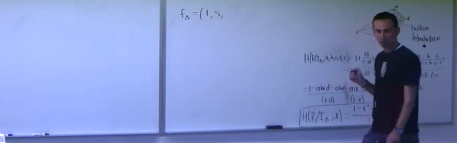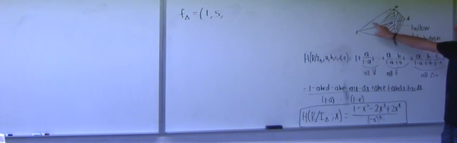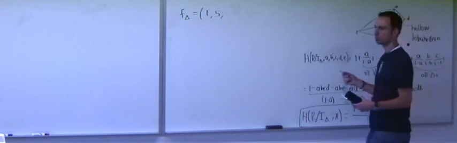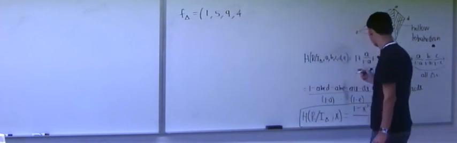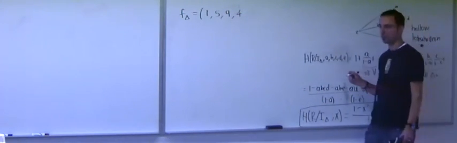Then you have to say how many edges you have, and here I really need your help so I won't make mistakes. I guess the tetrahedron has 6 edges, and then I have 3 more. So that's 9 edges. And then I need to count how many triangles I have, which are the 4 faces of the tetrahedron. Right? And then I need to count how many tetrahedra I have, but actually there are no tetrahedra, so I stop there. Okay, so this is the f vector.